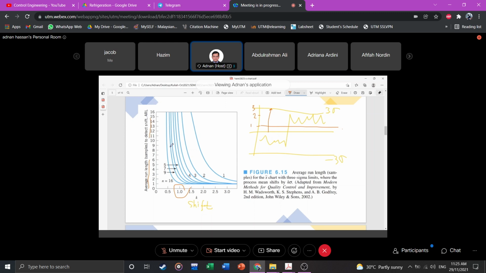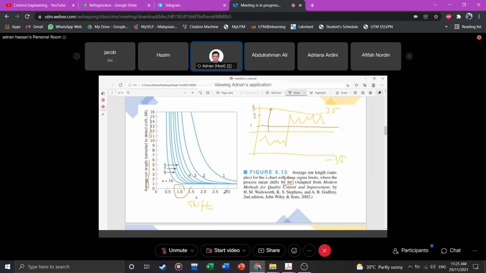The faster you can detect, the better the control chart. So here, if the shift is 1, let me see. I think this example is showing how quick it is, in terms of K sigma, K is this number.